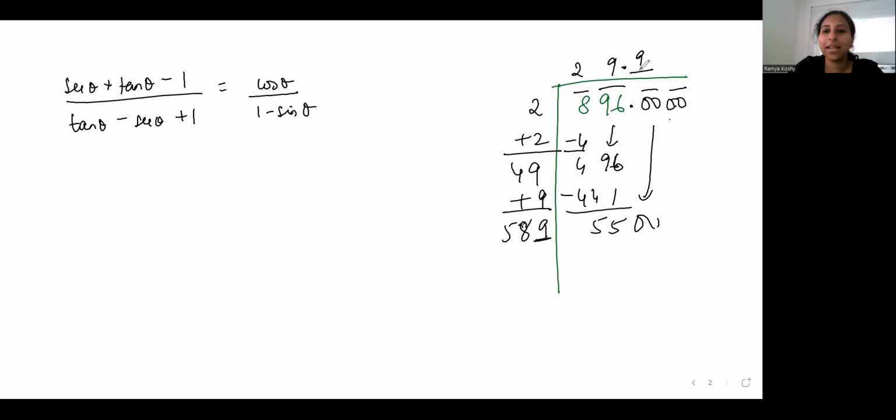So 9 9s are 81, 9 8s are 72, 9 5s are 45, 45 plus 8, right? 53, right? Yes, ma'am.